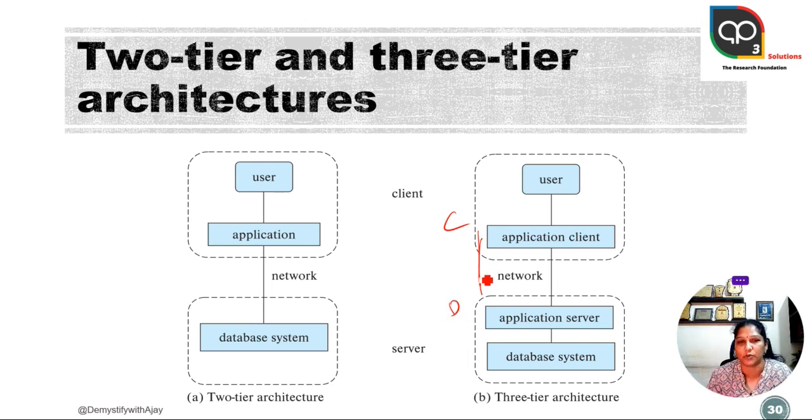The client sends the request to the application server, which holds the process logic and communicates with the database. This is the architecture used in most modern web and enterprise applications. And the three-tier system offers better load balancing, separation of concerns, and centralized control, essential for enterprise-level systems.